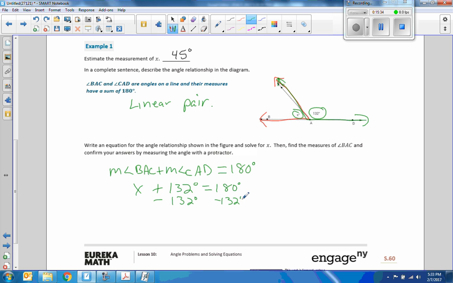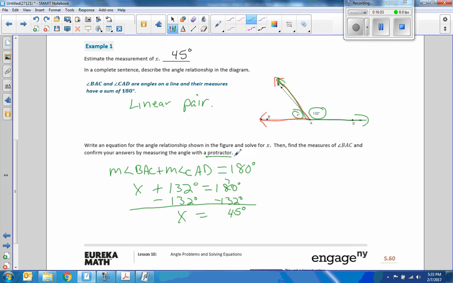What I do to one side, I do to the other. 132 minus 132 cancels. I'm left with x plus 0, or x equals, and then I subtract here and get 45 degrees. So the measure of angle BAC is 45 degrees.